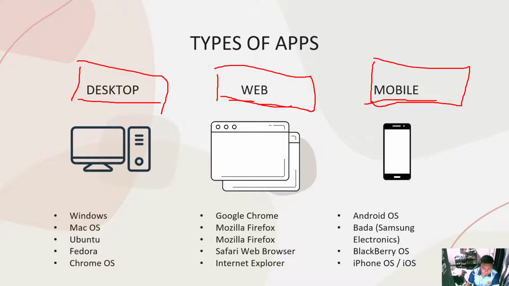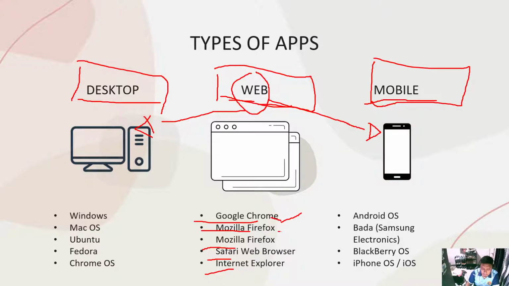Right now, I want us to concentrate on the web, since web can also be run on desktop through the use of browsers, on a laptop. And also, on mobile, you can use the web by using these browsers.